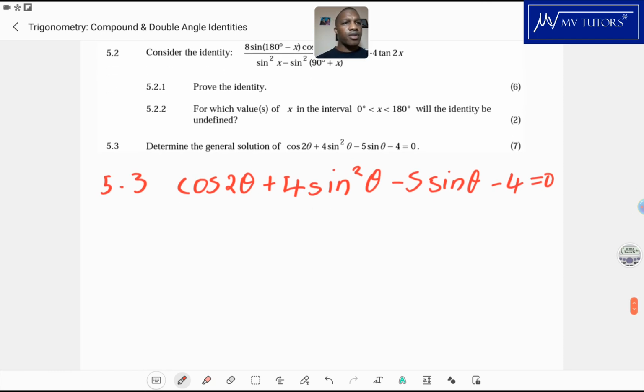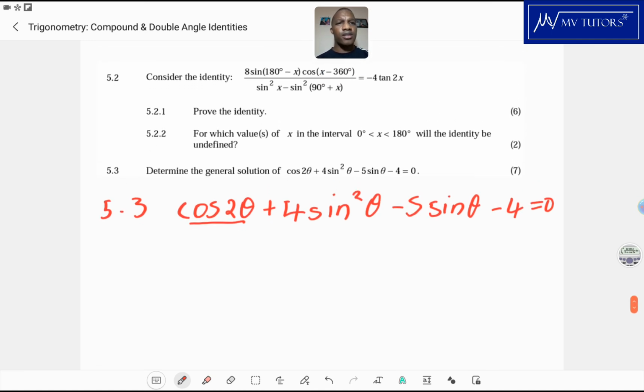Okay, the first thing we have to do here is manipulate that. We have 3 identities for cos 2 theta, but because everything else is in sine, how do we choose which one to use? We choose the one that's relevant. So the relevant identity here is the sine one.